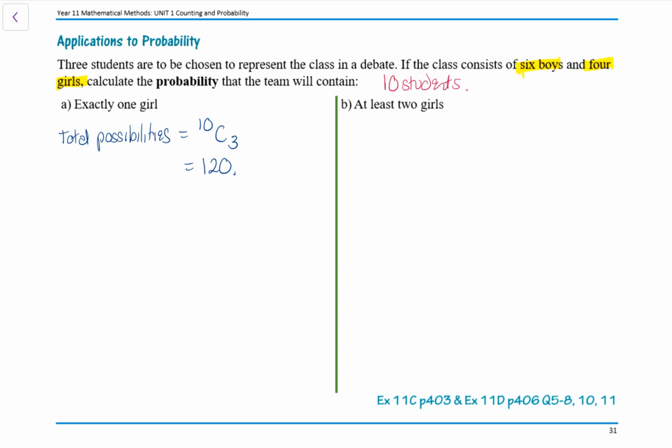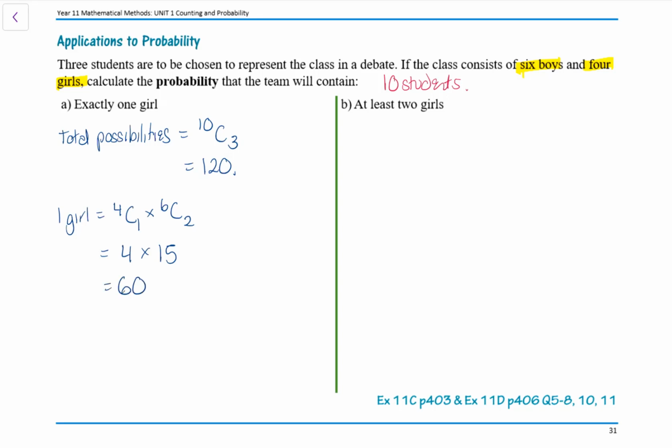But if I want exactly one girl, that would mean from my 4 girls I'm going to select 1, but I need another 2 students, so from my 6 boys, I have to select 2. Going to your calculator to work those out, that would be 4 times 15, which is 60.